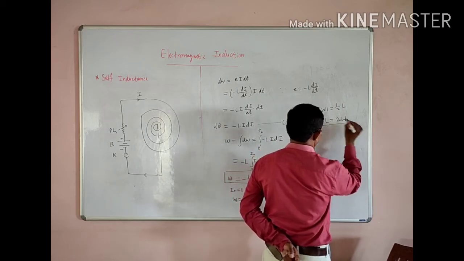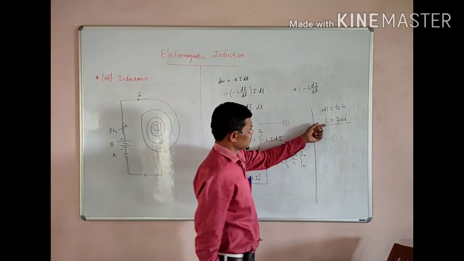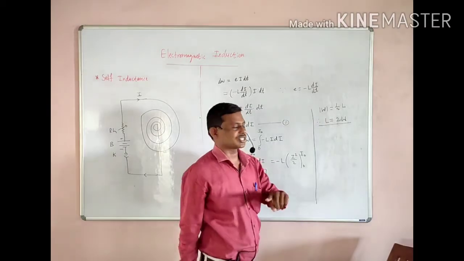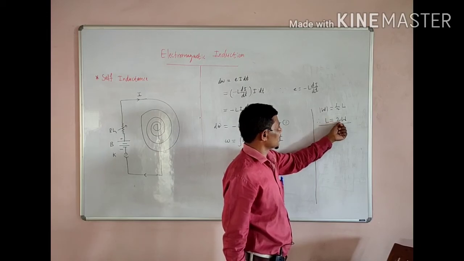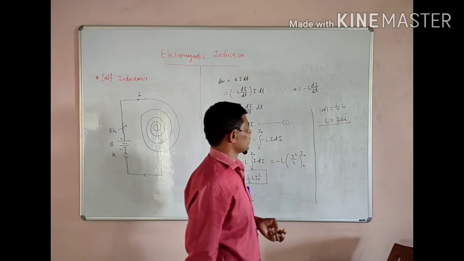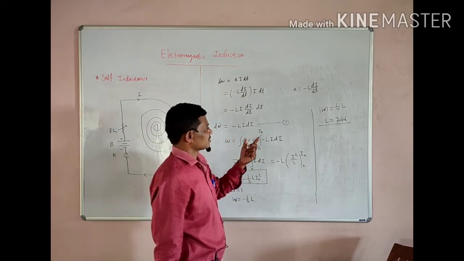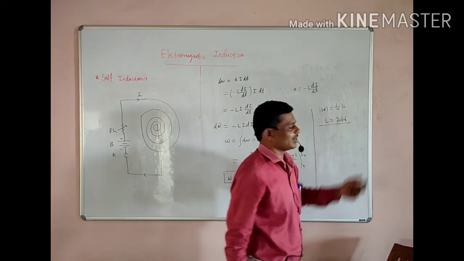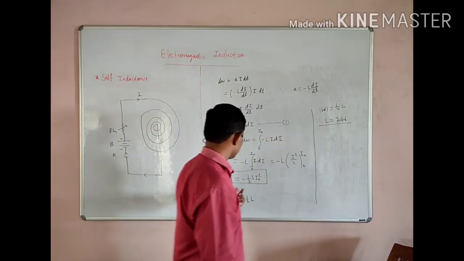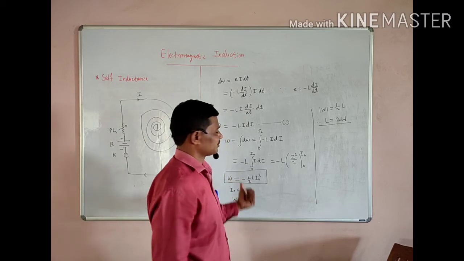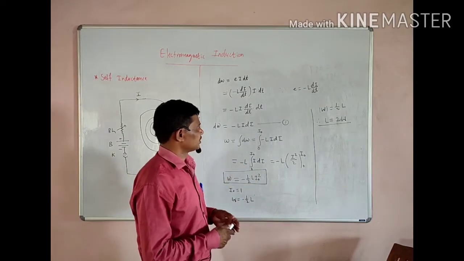That means the coefficient of self induction of a coil is numerically equal to twice the work done, and this work done is utilized to establish a magnetic flux associated with a coil for a unit current.